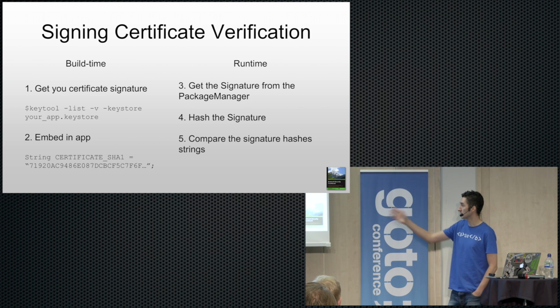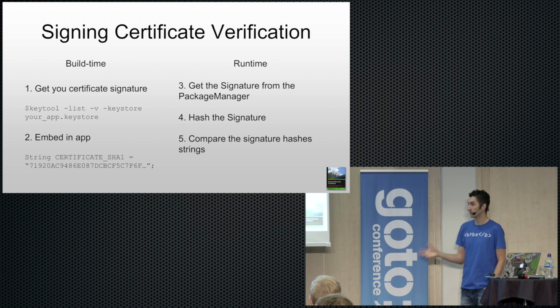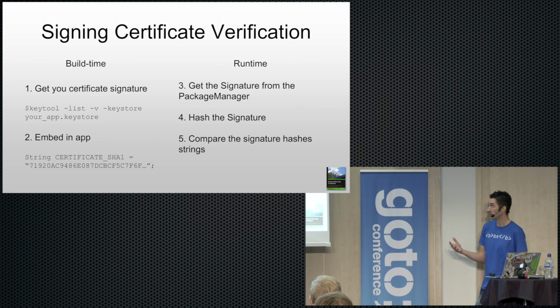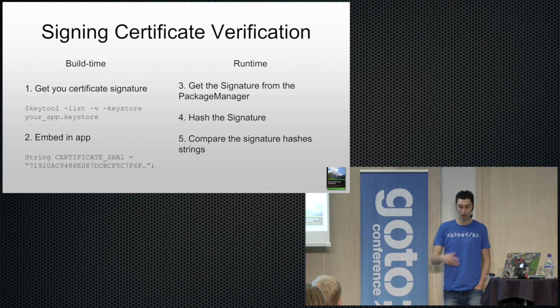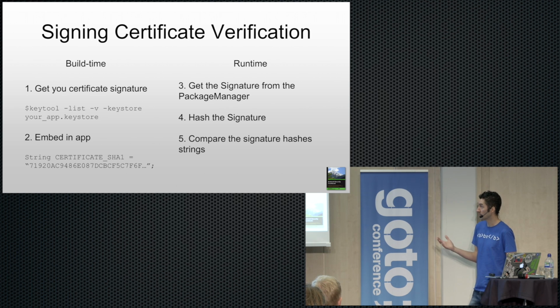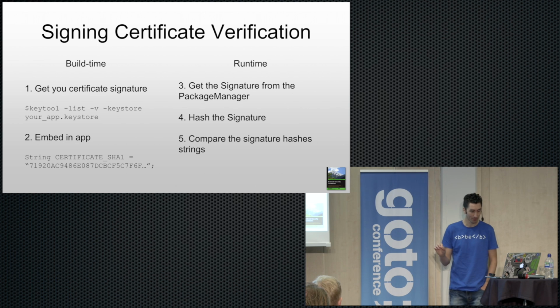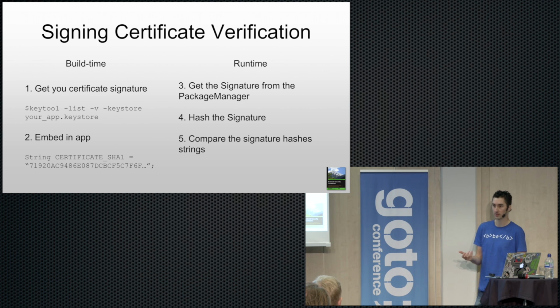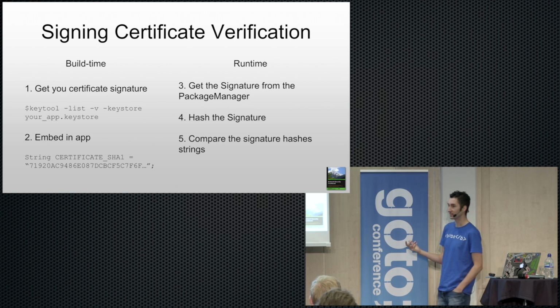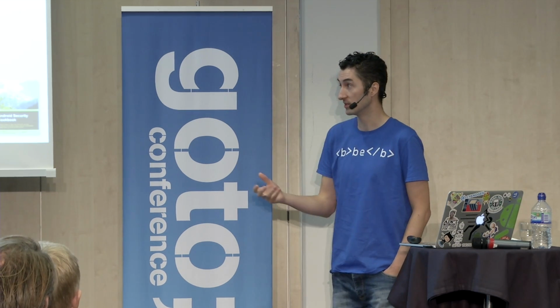Hash the signature to a SHA-1 to match what you've embedded, and then just compare the strings. And that's a quick and easy way of detecting whether your app has been decompiled and then changed. However, of course, if someone can decompile our code, they can take this check out. And what we'll cover in a couple of slides' time is how we can obfuscate our code and make this harder to do.